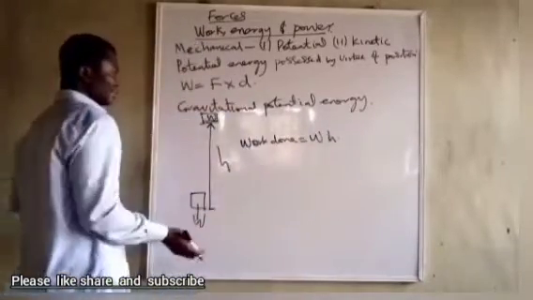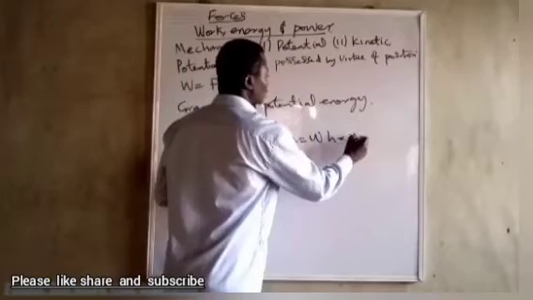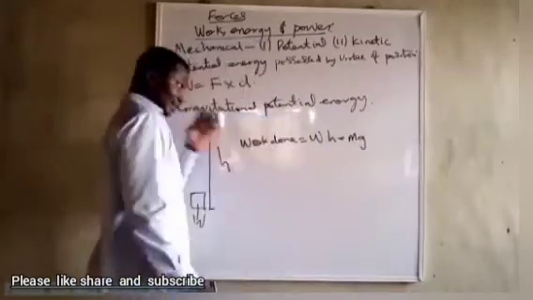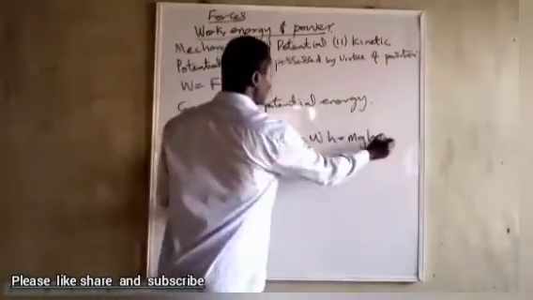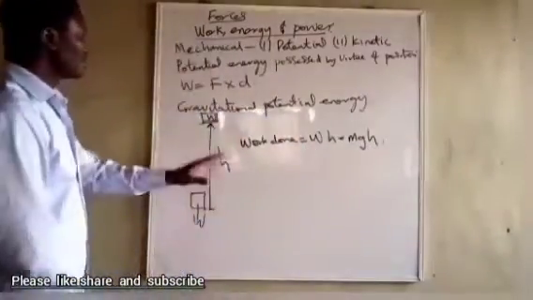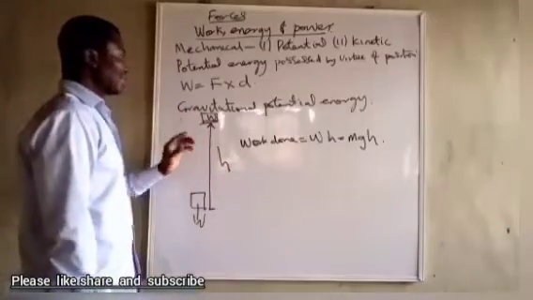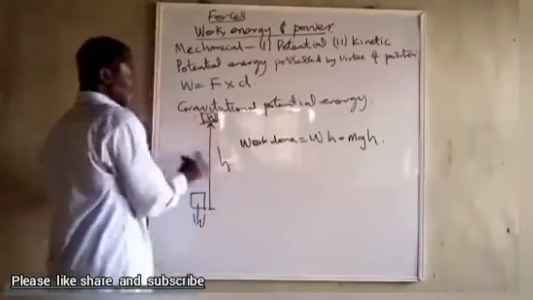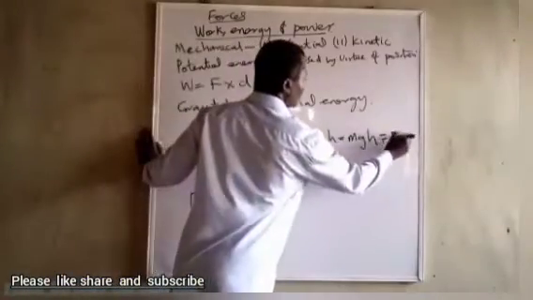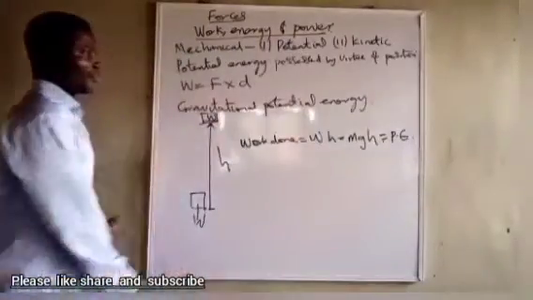And W, weight, is equal to mass times gravitational intensity, or acceleration due to gravity, so mgh. So the work done here is equal to the potential energy.